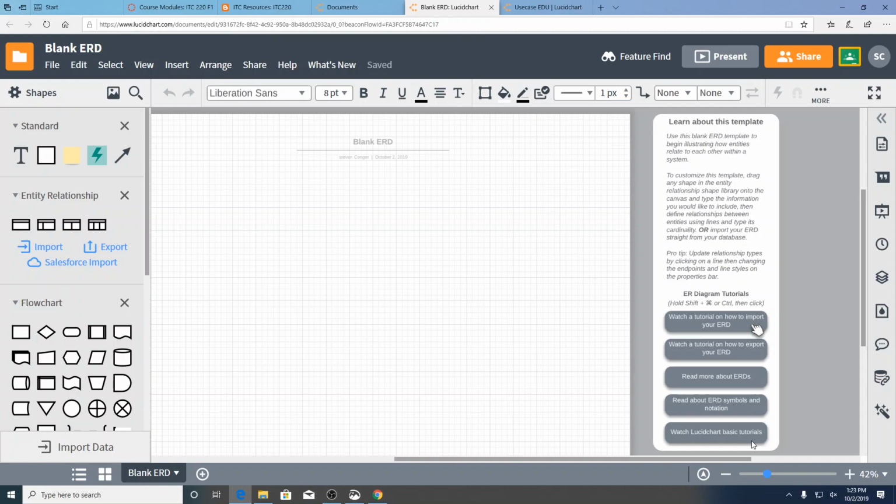Then go all the way down and sign in. Yeah, that looks good, so sign up for free.